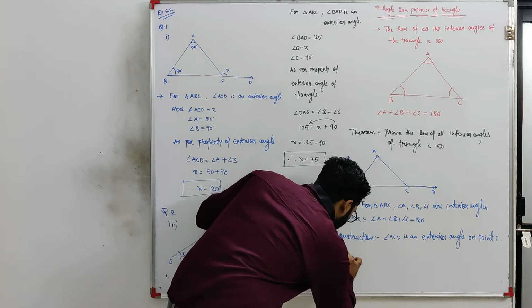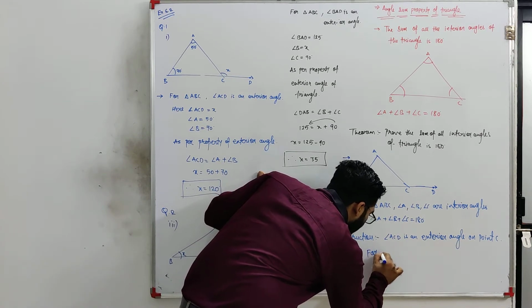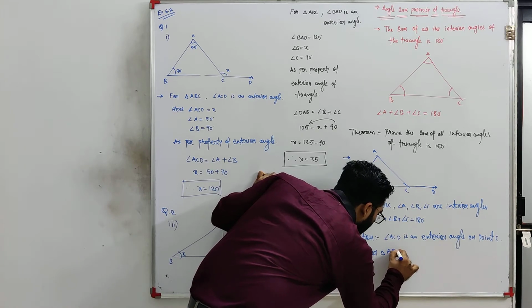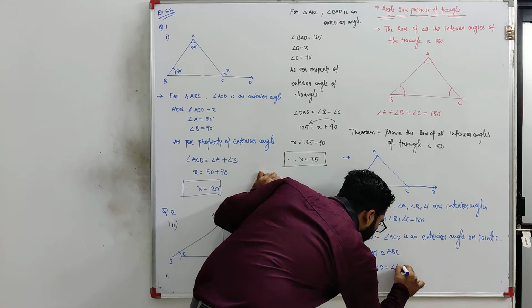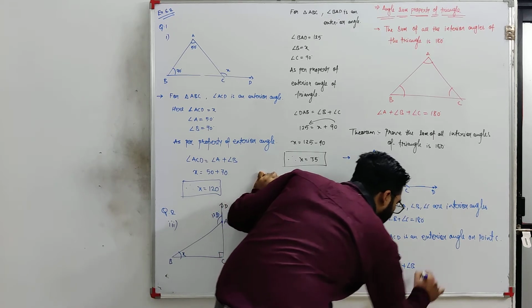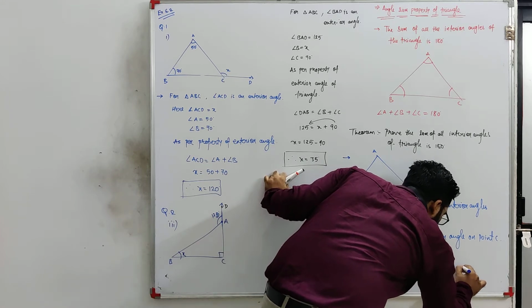So proof: for triangle ABC, angle ACD is equal to angle A plus angle B. Why? Because of the exterior angle property.